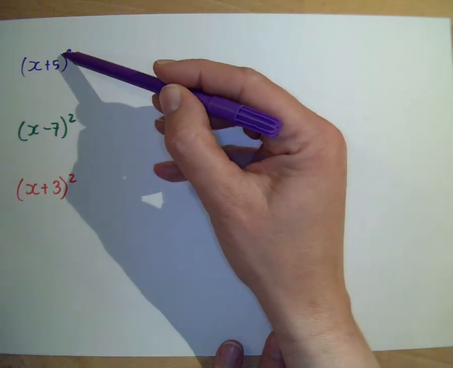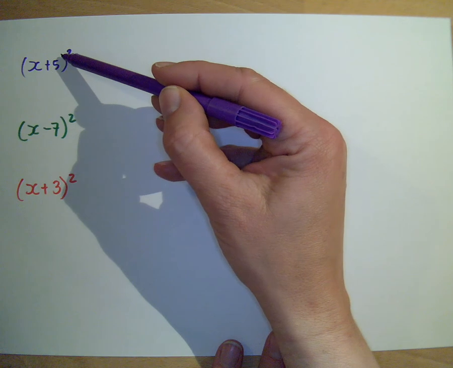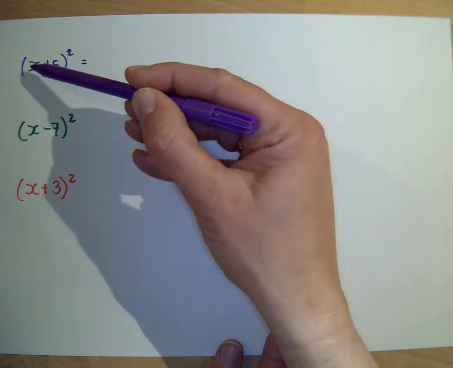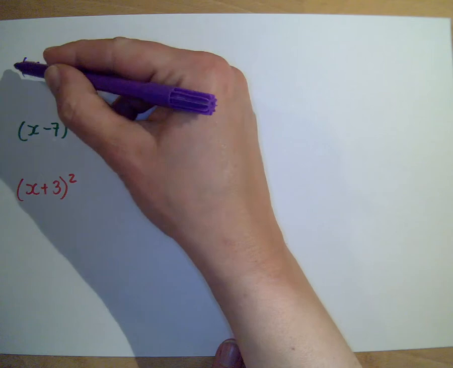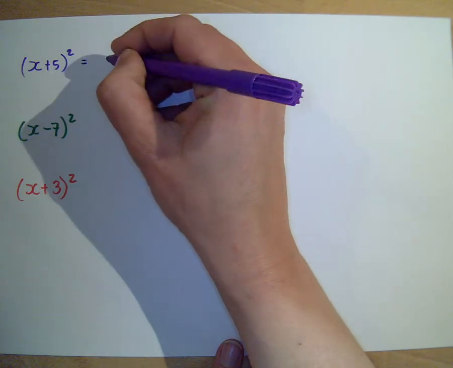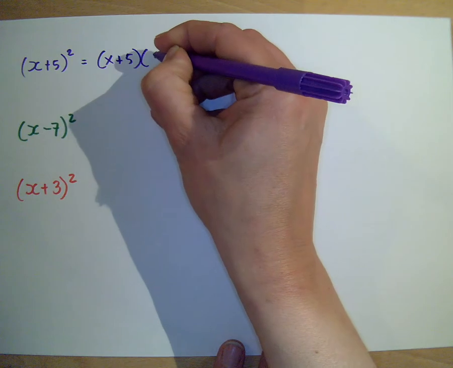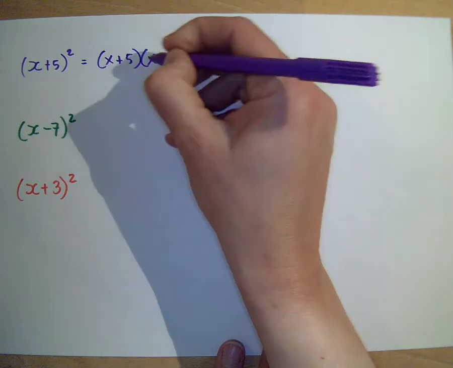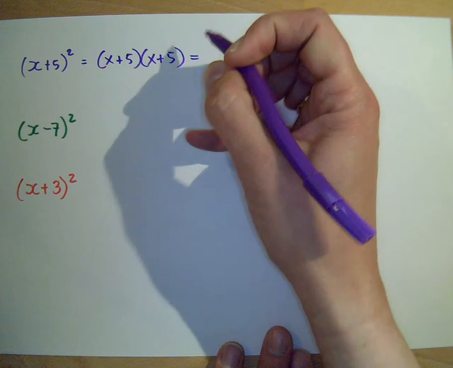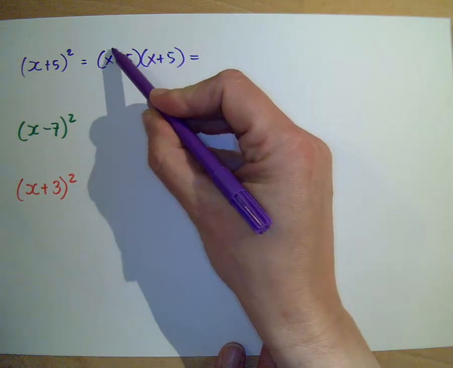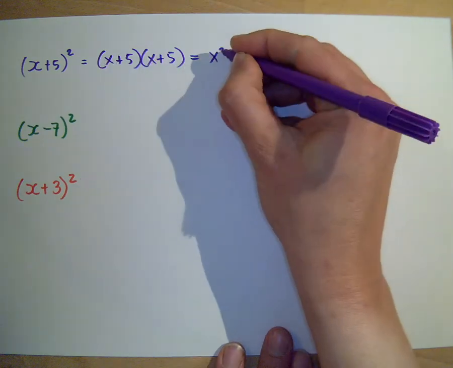In the case where the double brackets are both the same, it's something squared. x plus 5 squared is actually x plus 5 times x plus 5, right? This is what I mean by double brackets. When we expand it, we do this times that, which is x squared.